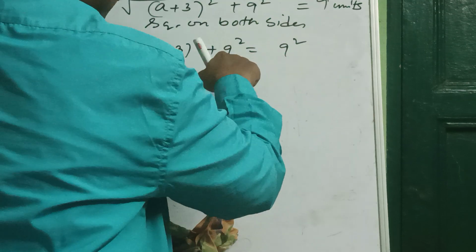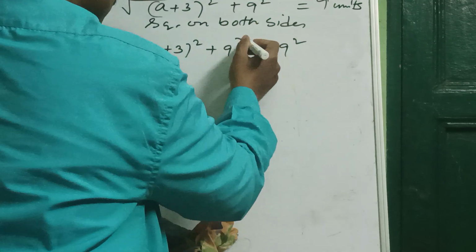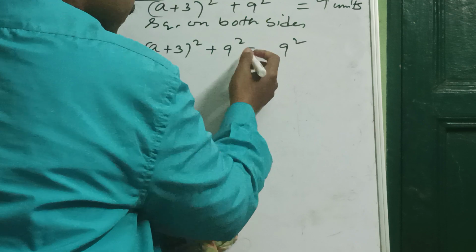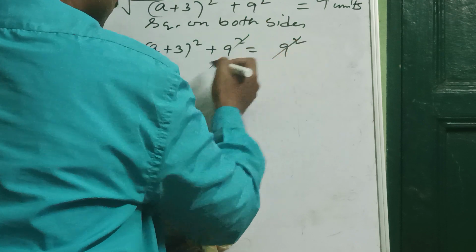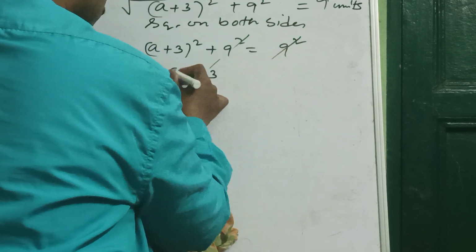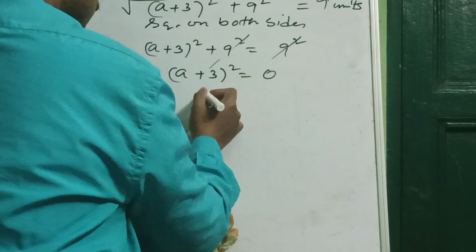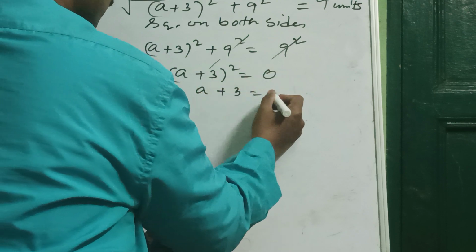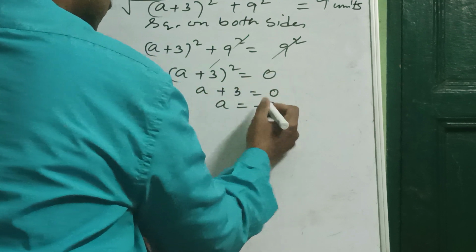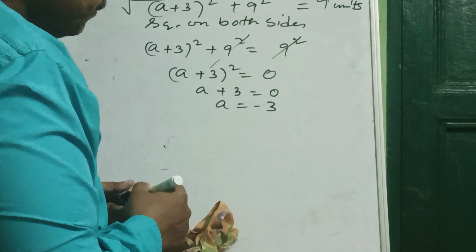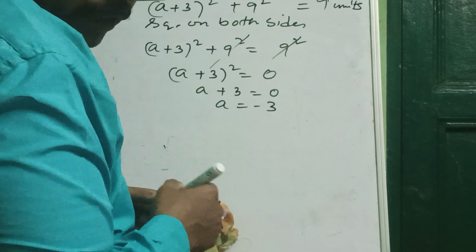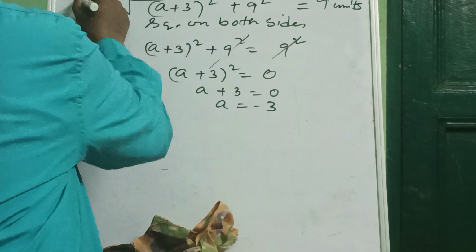We know that both sides have 9 square with the same plus sign, so it will be cancelled out. A plus 3 whole square equals 0, a plus 3 equals 0, a equals minus 3. The value of a is minus 3. Okay, 19.4 question number 3 completed.